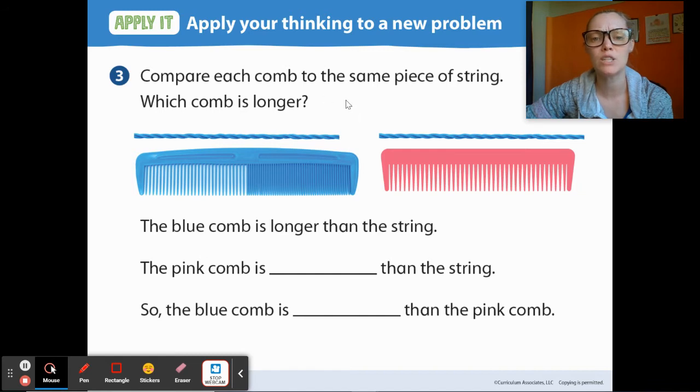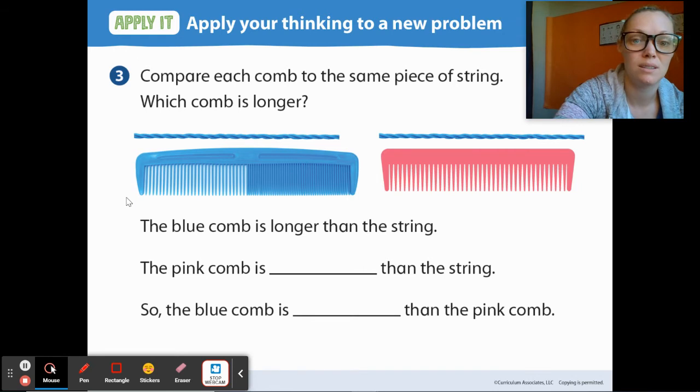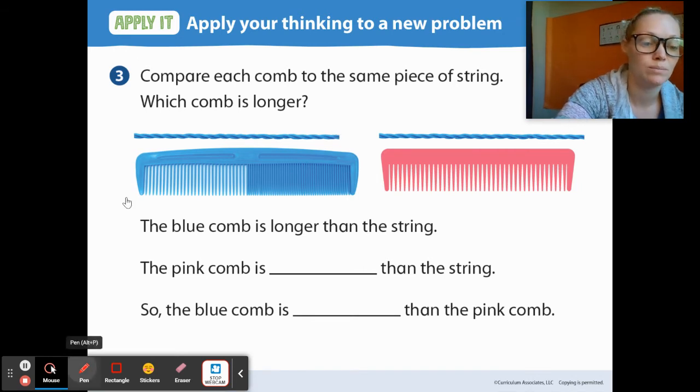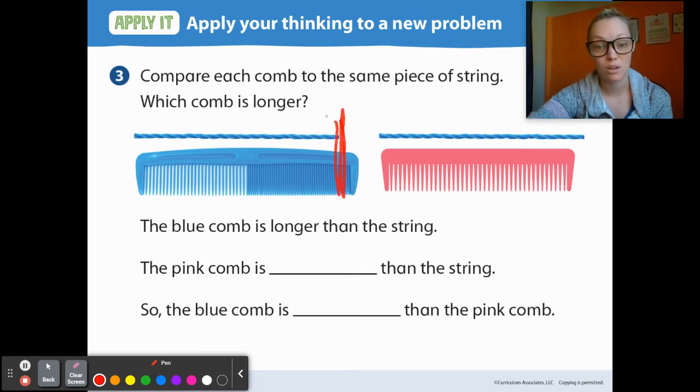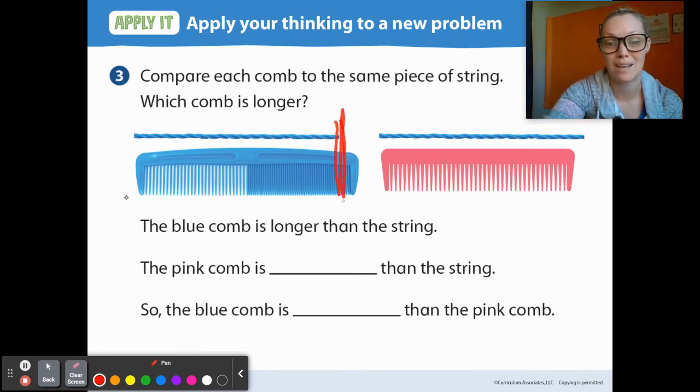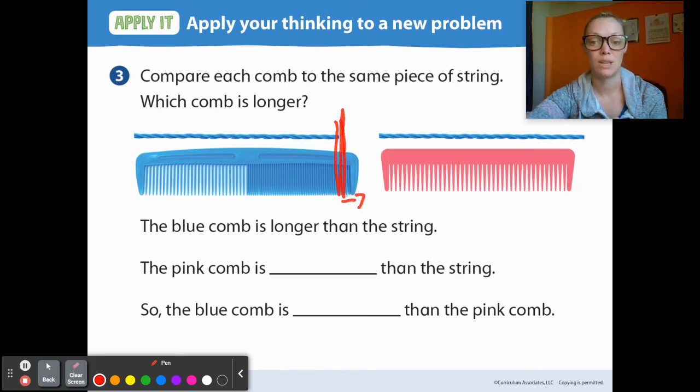It says compare each comb to the same piece of string. Which comb is longer? Well, let's take a look. So this string is the same size, but you'll notice that the blue comb is longer than the string because it passes the string.